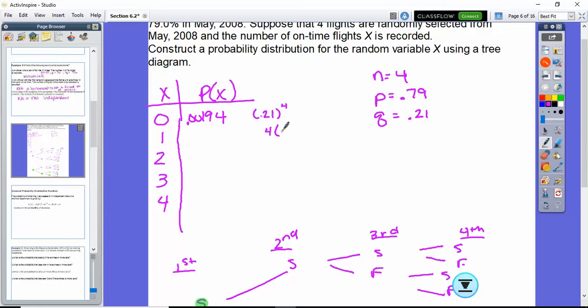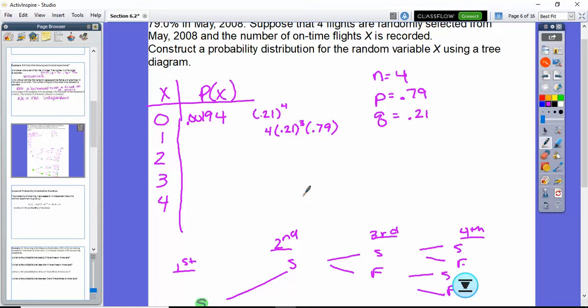Now, for each of those, you were late 3 times, right? So being late is 0.21, that happened 3 times, and you were on time once, 0.79. Now, I just multiply this by 4, because if you're multiplying, does it matter what order the numbers are in? No. So if I do 0.21 times 0.21 times 0.21 times 0.79, that's the same as 0.79 times 0.21, 0.21, 0.21.